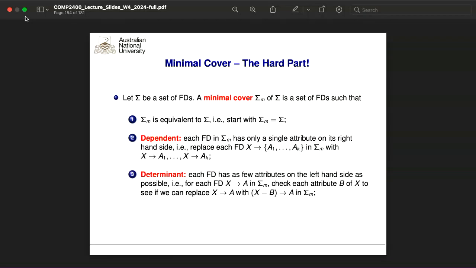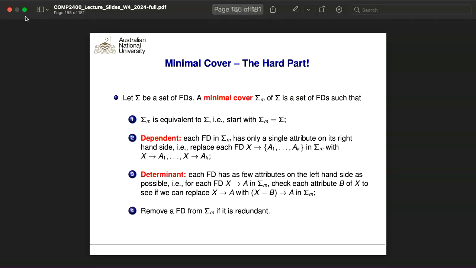If we would lose something, we cannot remove it. But if we still have the same information, the same set of implied functional dependencies, then we can remove it. You can imagine if X has 10 attributes, how difficult it is. We have to try each attribute, removing one attribute at a time. So that's quite a tedious process. That's the basic idea.